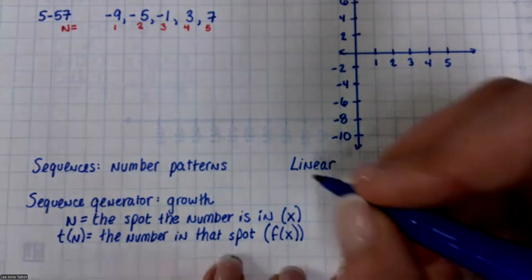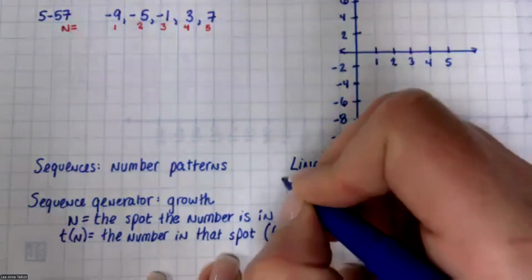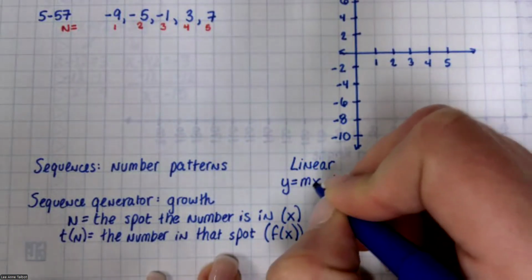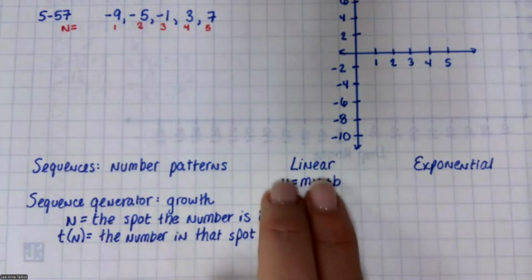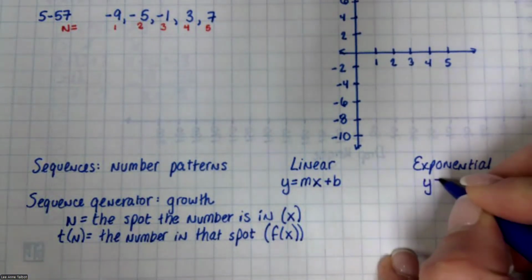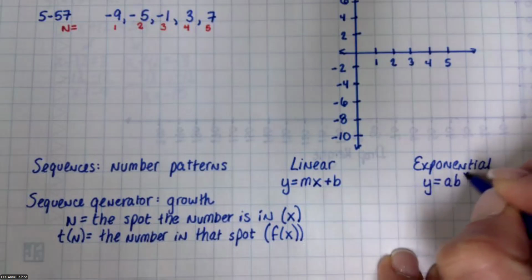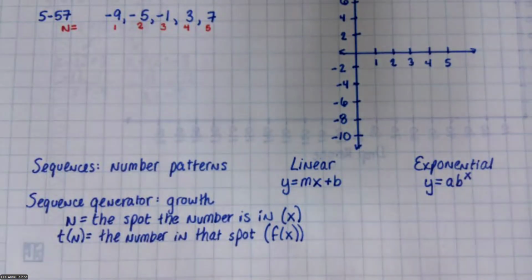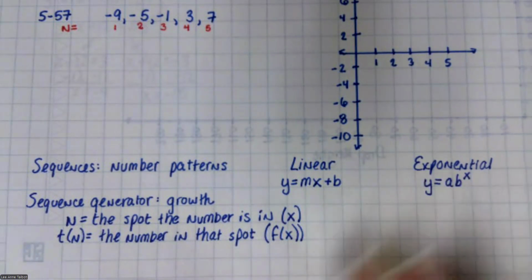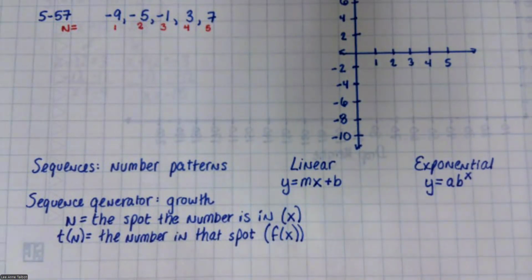So linear ones, we've learned to be this. Exponential ones, we have learned to be this. This we did in chapter 2. This we just did over the last couple of days.